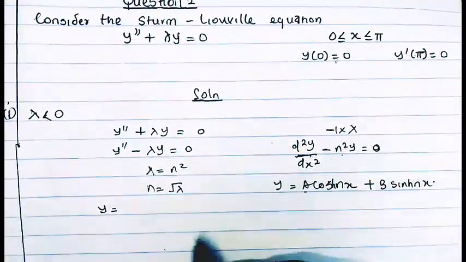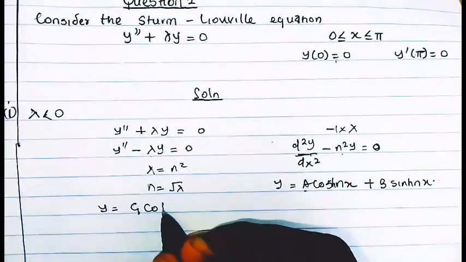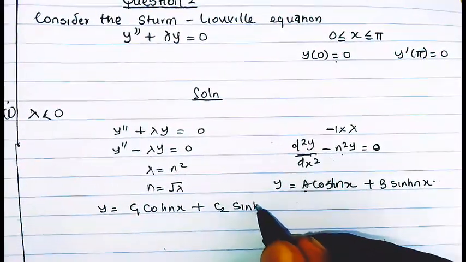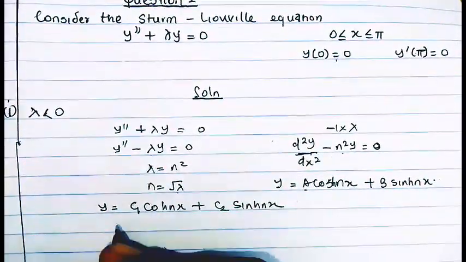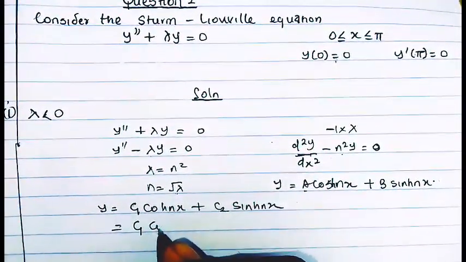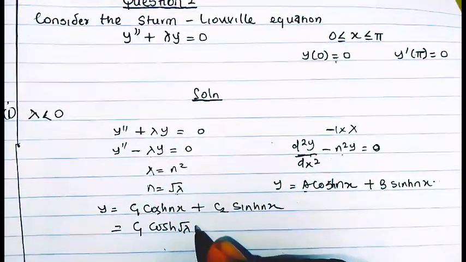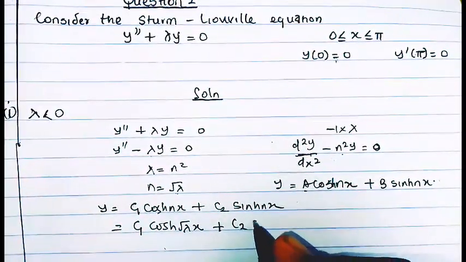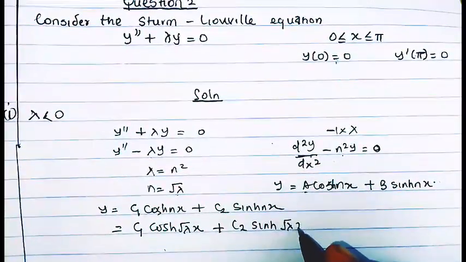So let's consider our solution to be c1 cos nx plus c2 sine nx. Since my n is the square root of lambda, this is c1 cos square root of lambda x plus c2 sine square root of lambda x.